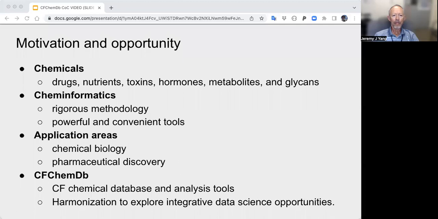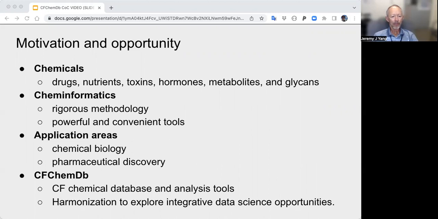Chemicals are an important entity type for several Common Fund programs and biomedicine in general. Key roles are played by small molecules, including drugs, nutrients, toxins, hormones, metabolites, and glycans. Cheminformatics provides rigorous methodology via powerful and convenient tools for harmonizing and joining diverse Common Fund and other datasets to explore important scientific use cases, especially in the areas of chemical biology and pharmaceutical discovery.